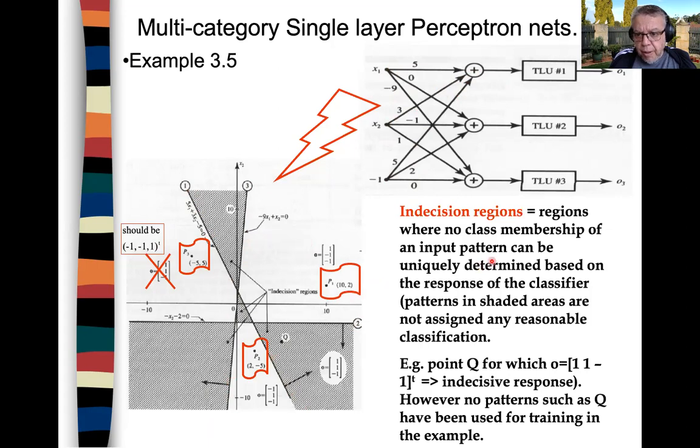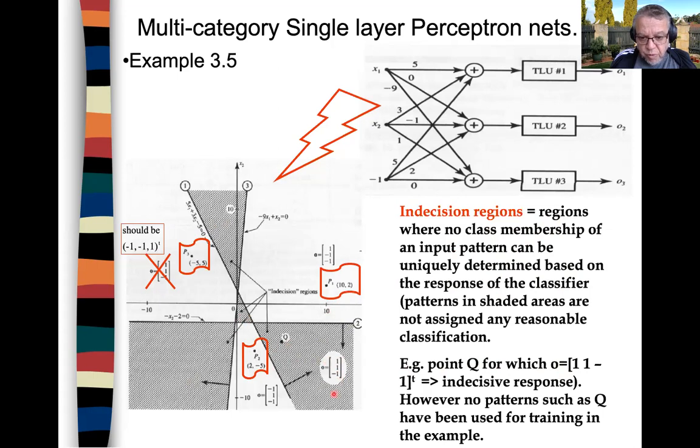And then we can see here that we have some indecision regions, which are regions where no class membership of an input pattern can be uniquely determined based on the response of the classifier. These are the shaded regions here. For example, for point Q, which is here, the output is 1, 1, and -1.